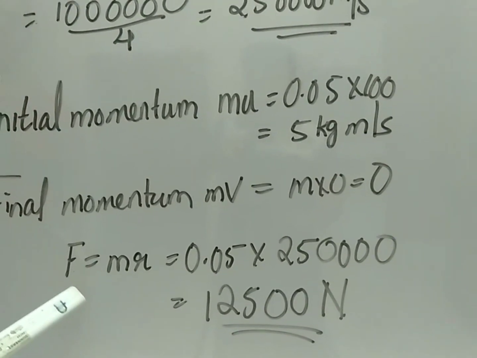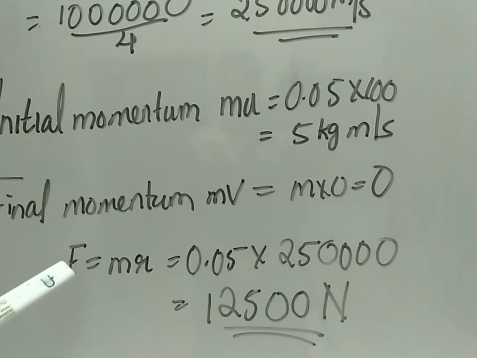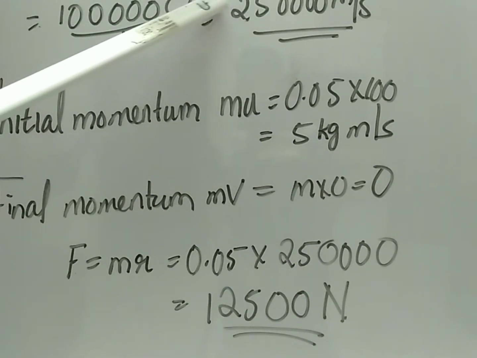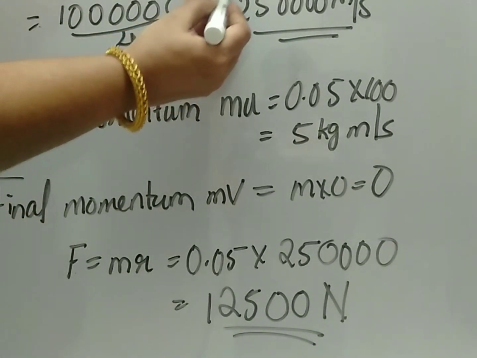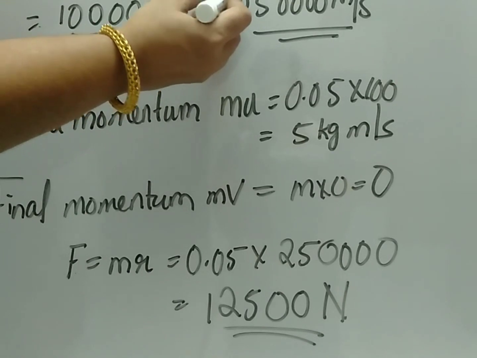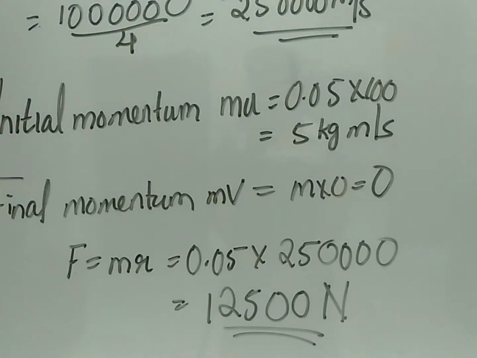We already calculated the initial momentum, then the final momentum, then we are asked to calculate the retardation. So retardation we already got. Here the acceleration is negative, negative 2 lakh 50,000.